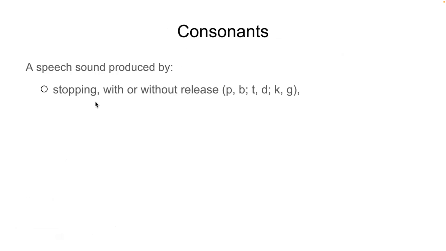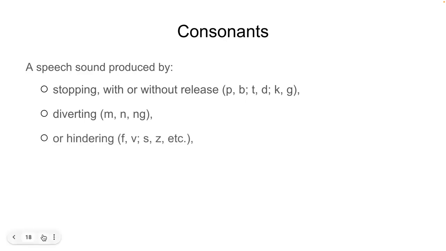One is called a stop, where you stop the air, like p, t, k, g. There's diverting the air. These are called the nasal sounds because the air is diverted through your nose. Or hindering the air by squeezing it between your teeth, or between your tongue, like s, s.